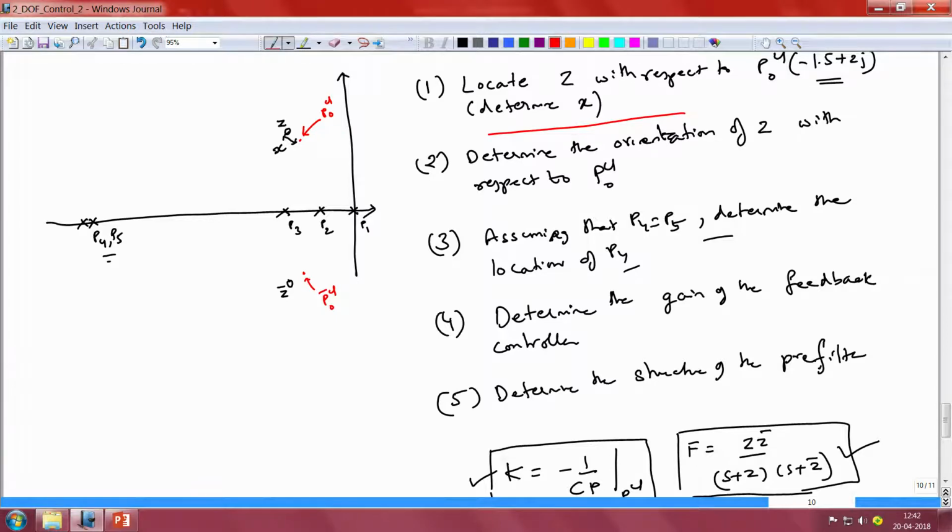When the plant's gain alone changed, we noted that the closed loop pole varies along a straight line that passes through the point z.